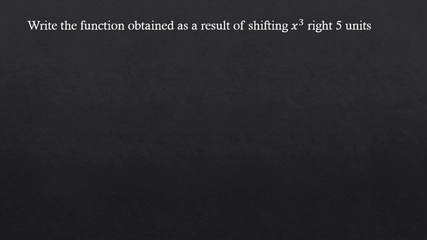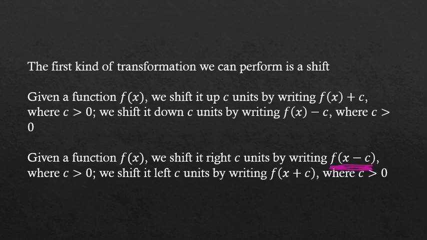So let's do some practice problems here, writing the function obtained as a result of doing some shifts. We're going to write the function obtained as a result of shifting x cubed right 5 units. So this is a horizontal shift. As we said, we shift it right by writing f of the quantity x minus c.